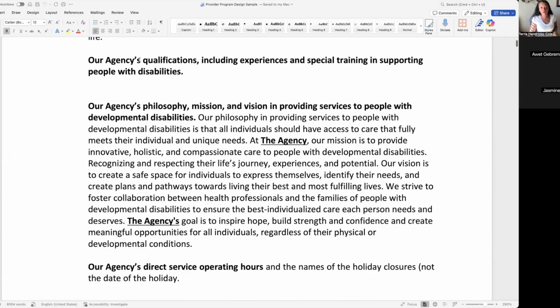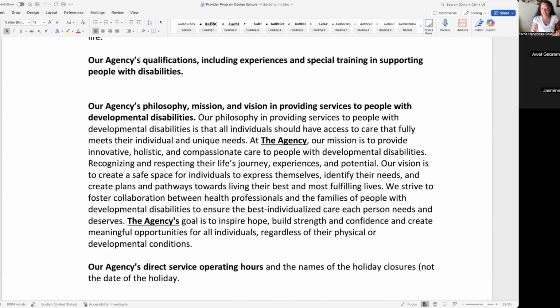So our qualifications: they need to know what your agency's qualifications are. So they need to know what your experience is with serving adults with intellectual and developmental disability. If you, as the owner, do not have experience serving adults with intellectual and developmental disability, you should have hired or have somebody on your team who has experience. If you have experience, they need you to essentially put your resume, like when was that experience?